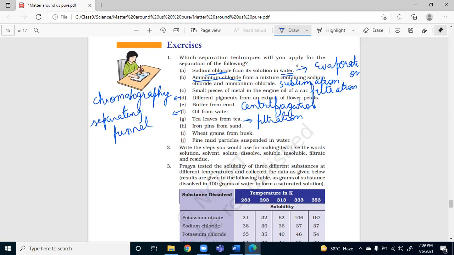Yes, because iron pins will get attracted by a magnet. If we have a magnet in this mixture, the magnet will attract the iron pins and sand will be left behind. So that is called magnetic separation. Wherever you have iron, you can use a magnet for separating iron impurity.